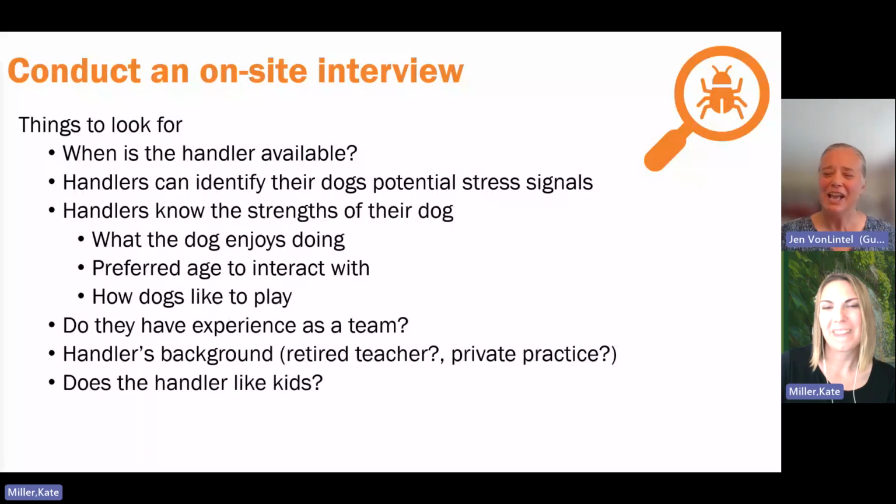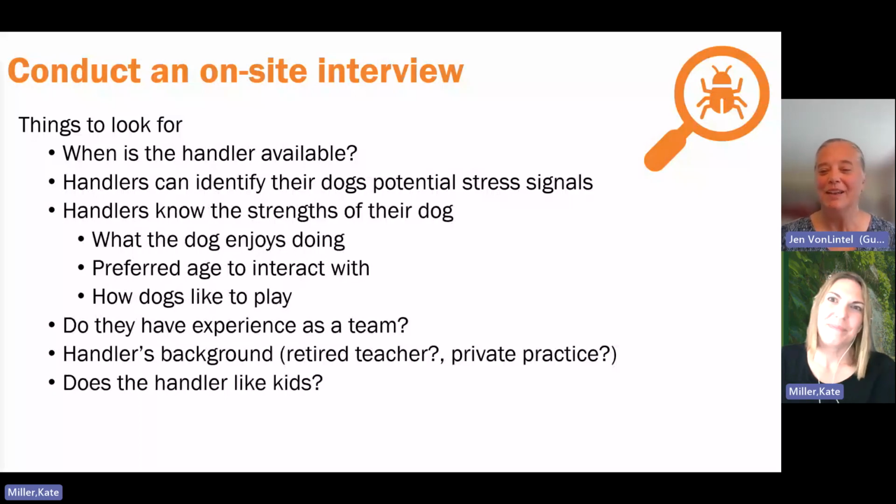And then, does the handler like kids? So after COVID, things had all shut down and our school was just starting to open up. We got approval for therapy dogs to come back in the buildings for mental health interventions. And a lot of the other places that these dogs had been volunteering at had closed down. So I got contacted by a lot of teams.